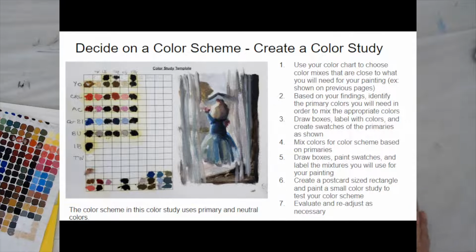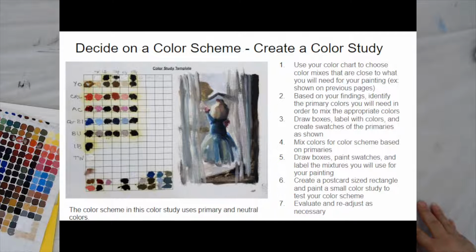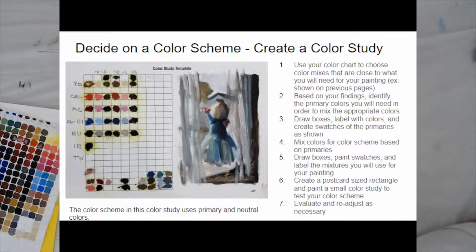But at least I know where my starting point is, and I'm not just going in blindly, so it saves me some time that way. And then doing just a little thumbnail painting for a study also goes a long way, because if I figure that out ahead of time, it might not have every single color that I'll put in the painting, but it has the major colors in it, and it saves me a whole lot of time and effort when I go to the painting.